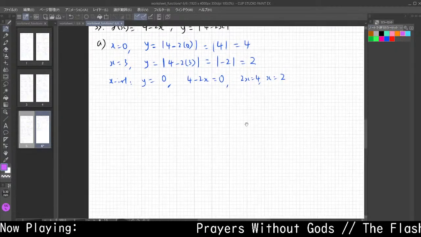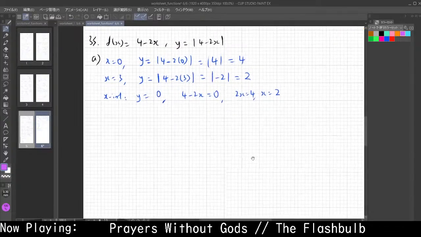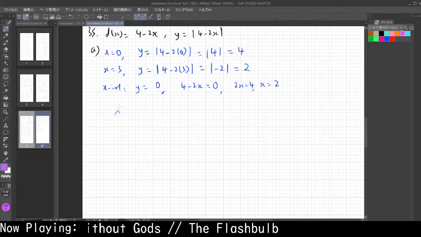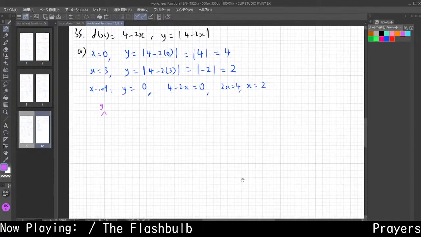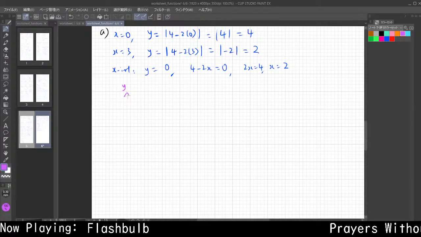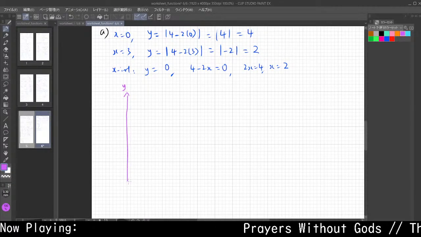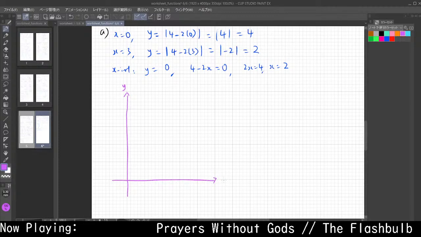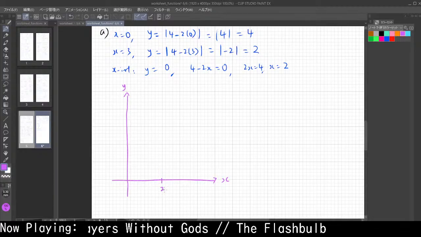Therefore, we now can plot. I'll put it here. 1, 2, 3, 4. So the x-intercept is 2.